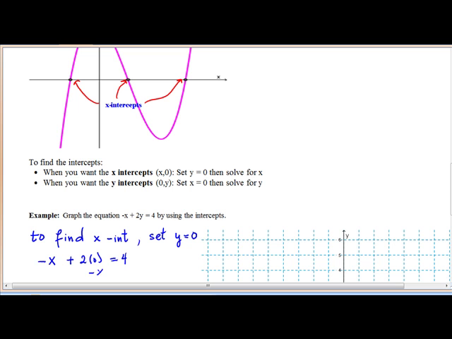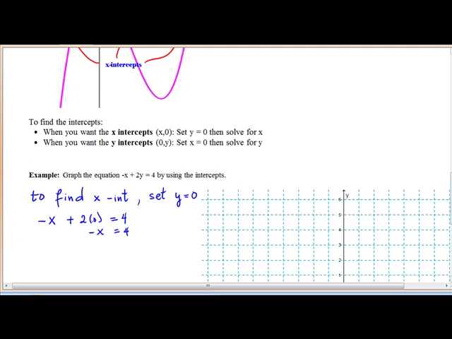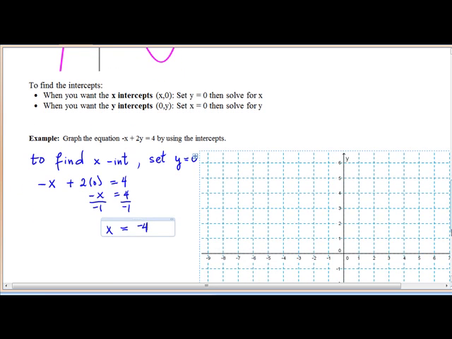So I have minus x equal to 4. Then we're going to simplify the minus in front of the x by either multiplying by minus 1 or dividing by minus 1. You do either or. In this case, I divide by minus 1, I have x equal to minus 4. So this means that when y equal to 0, x is minus 4. So minus 4 is x, y is 0. So that is the x-intercept.